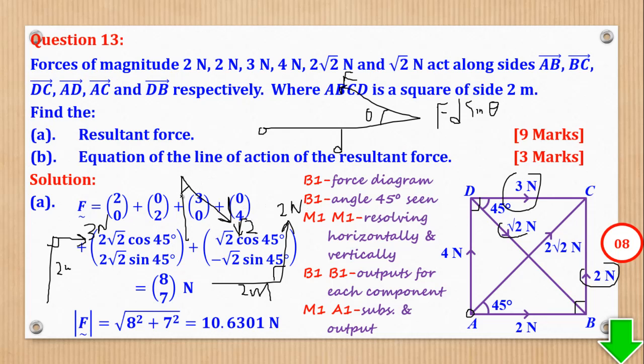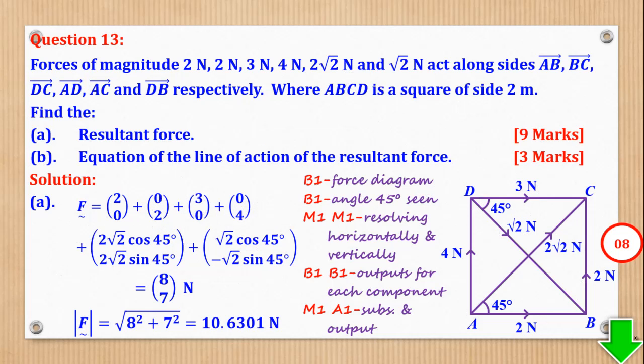The angle is here, which is 45. The pivot is here. The distance is 2 meters. So here the angle is 45. We shall use FD sine theta, which becomes force, which is root 2, times D, which is 2, times sine theta, which is 45. So that is where the root 2 times 2 sine 45 came from. What about the signs?